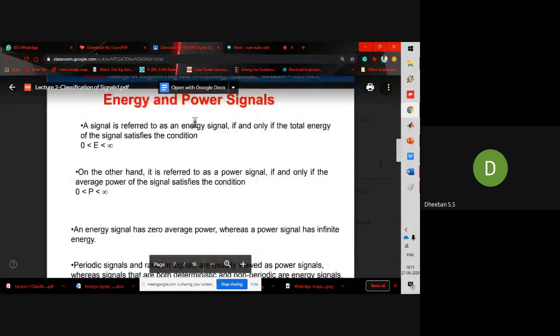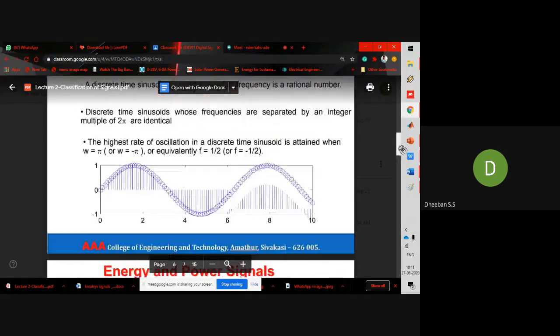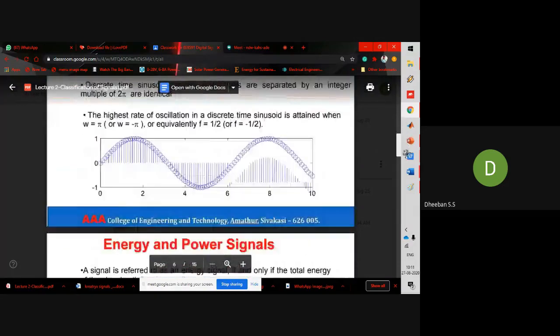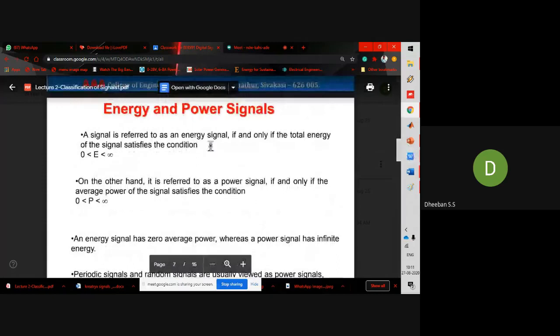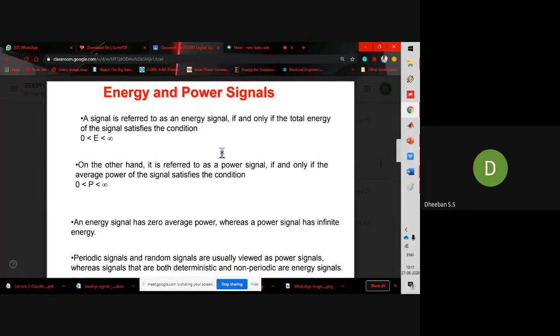So this I will be dealing with some examples, then only you will understand this. So for these above things you have to know the outline. For energy and power signals, you have to deal with some kind of examples, then only you will understand.